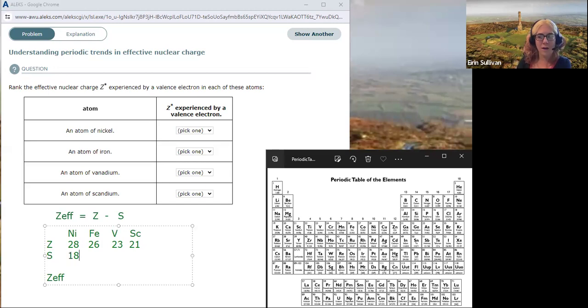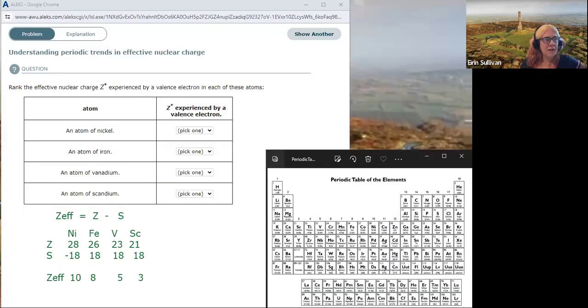The argon configuration represents those 18 core electrons, which have nothing to do with any reactivity. So subtracting S from Z, our effective nuclear charge for nickel is 10, iron will be 8, vanadium will be 5, and scandium will be 3. So confirmed with numbers, the effective nuclear charge is highest for nickel, which supports our trend.